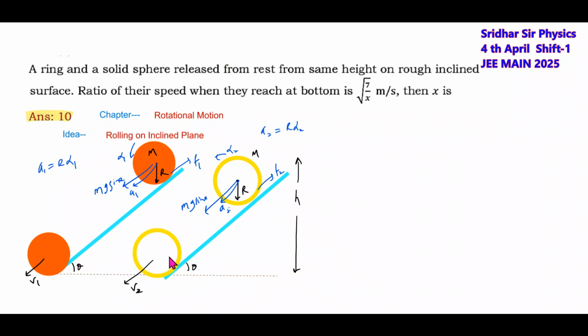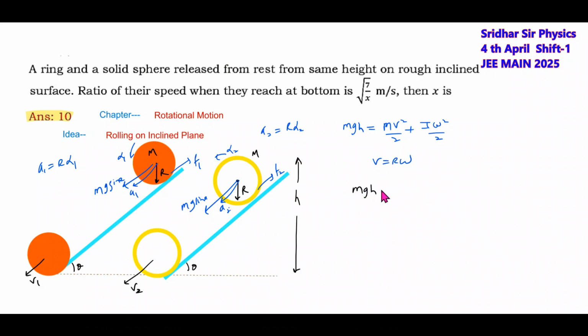When they reach the bottom of the incline, we have to calculate the speed. As only gravity does work, we'll apply the conservation of mechanical energy. mgh is equal to the decrease in gravitational potential, which is equal to the increase in translational kinetic energy plus the increase in rotational kinetic energy. As it is pure rolling, v equal to R omega.